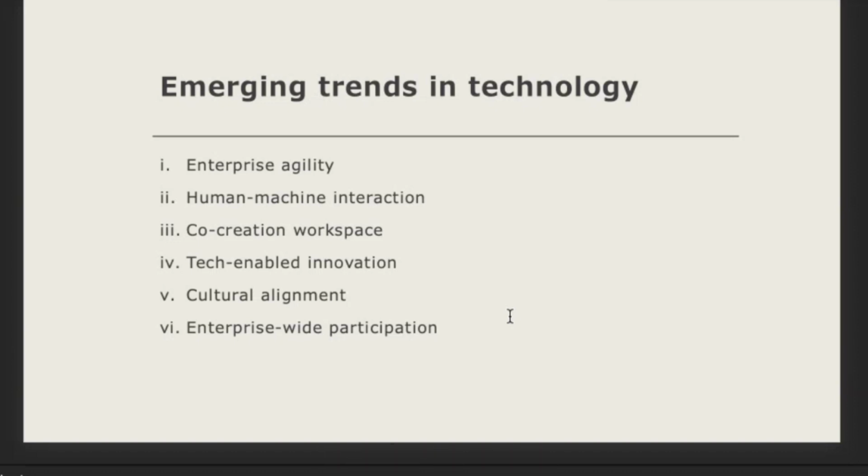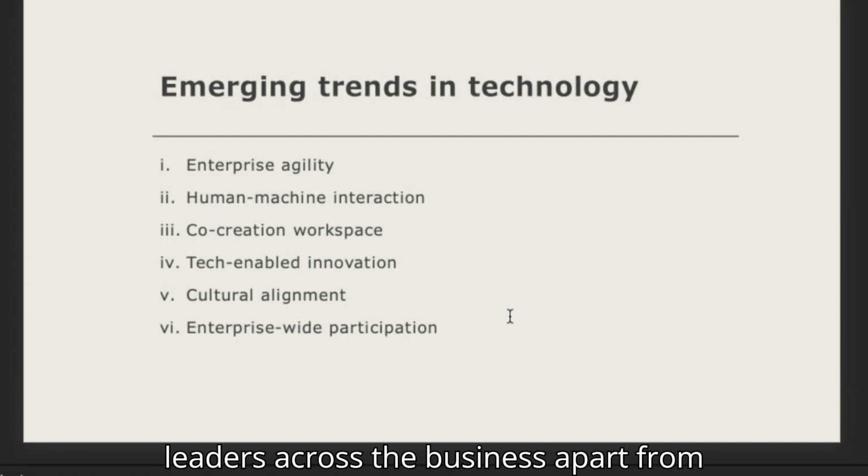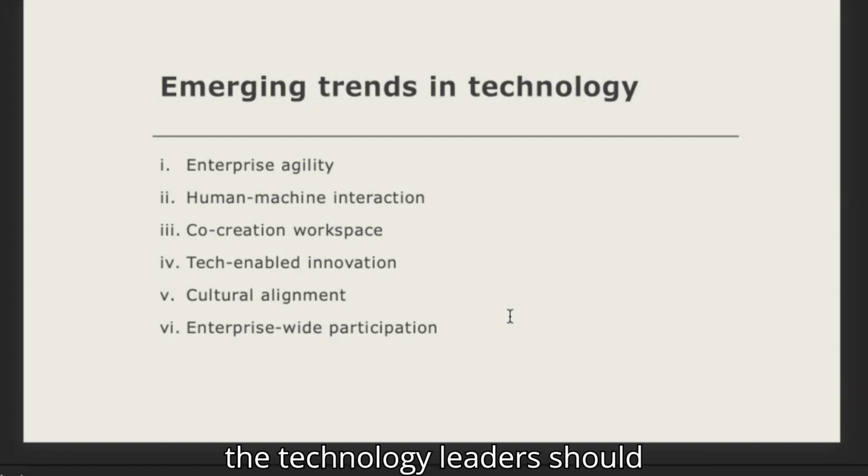In order to make enterprise-wide participation smooth, leaders across the business, apart from the technology leaders, should actively participate in the process of unifying the business process and the technology strategies and functions to enable co-creation of exponential and sustainable value across these blended teams.